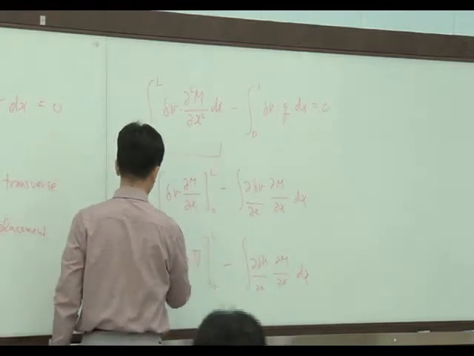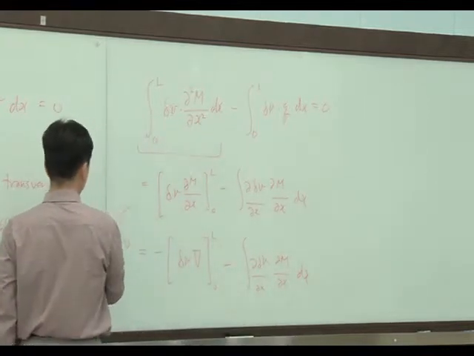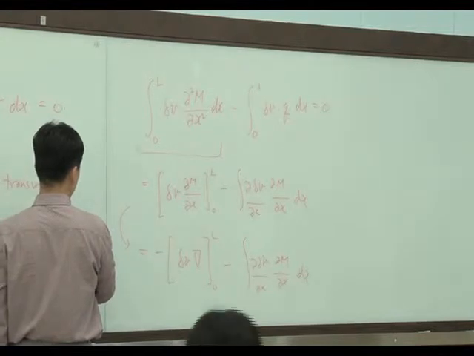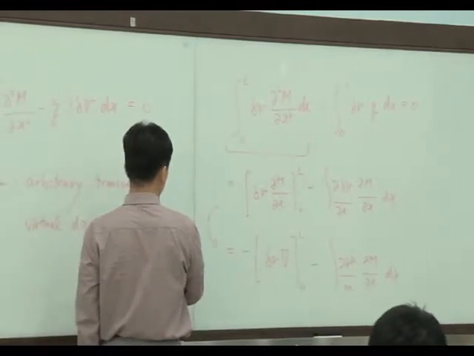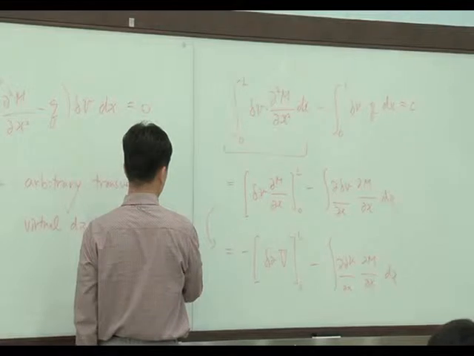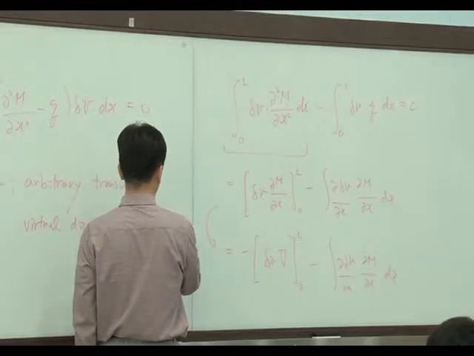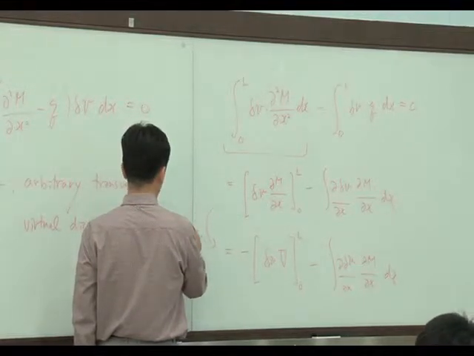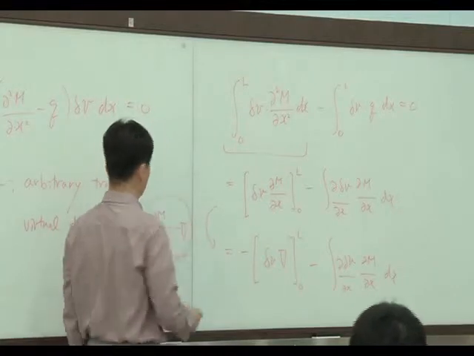From here to here, we know the relation between moment and shear force: partial m over partial x equals minus V, right? We know this equation.